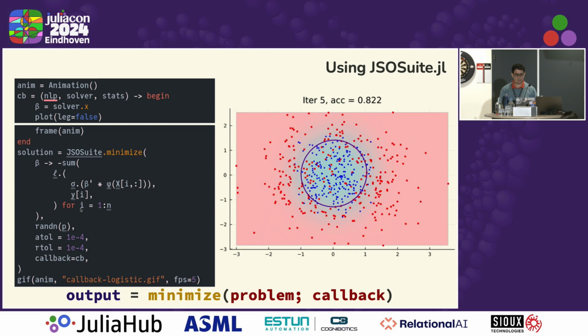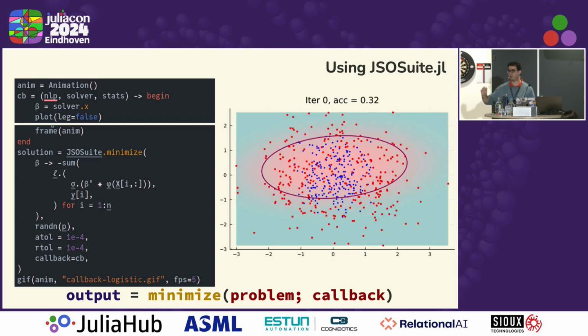And this is an example. This is logistic regression in 2 dimensions with a quadratic function. And I have a callback function here that I have cut because plotting is hard. It essentially is a function that receives the 3 things that you care about: the model, the solver, and the output. And then you do stuff with it.